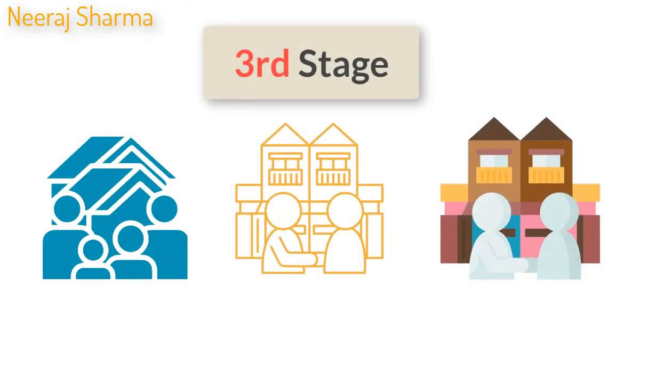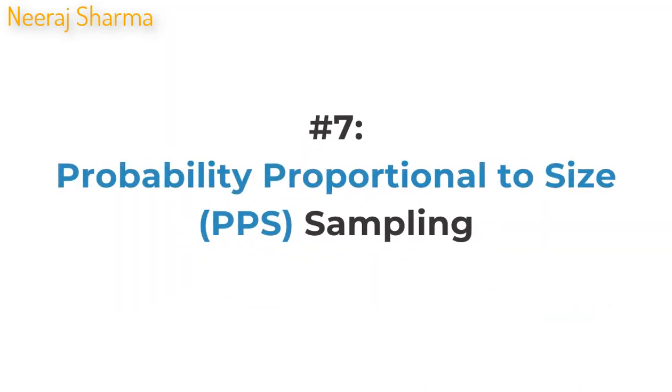From these smaller groups, you pick individual samples, like picking people from each neighborhood. It's like breaking down a big group into smaller and smaller parts until you have your final sample. This method helps when it's hard to get a list of everyone in the big group, or when the big group is really diverse.